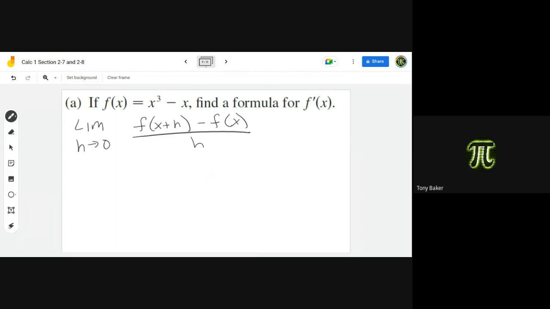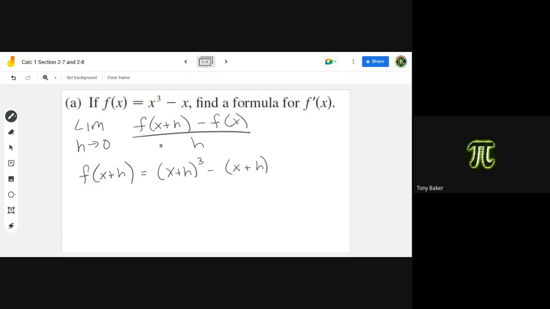So what we're going to do first is we're going to find f of x plus h. We already know f of x. We've got that there. So I really just need to find f of x plus h. So that means that's (x plus h) to the third minus (x plus h). All right.